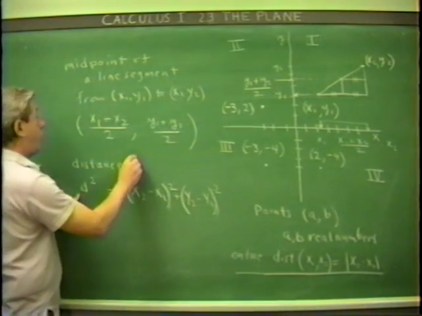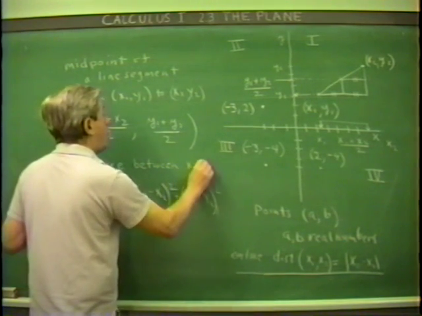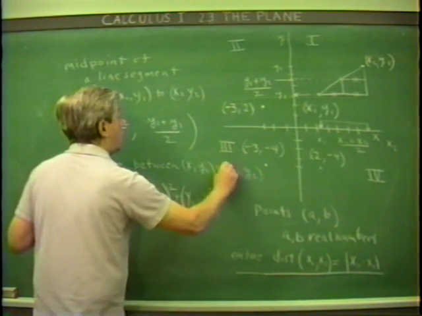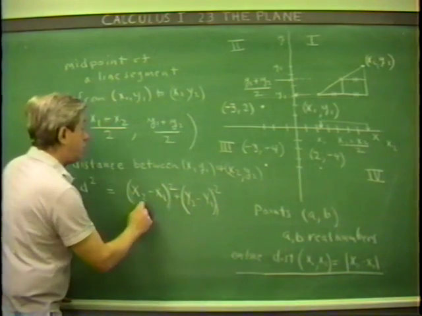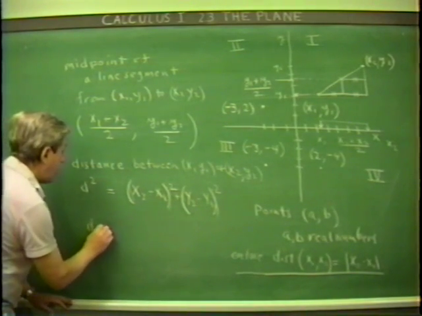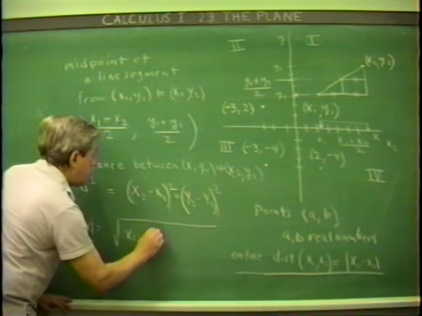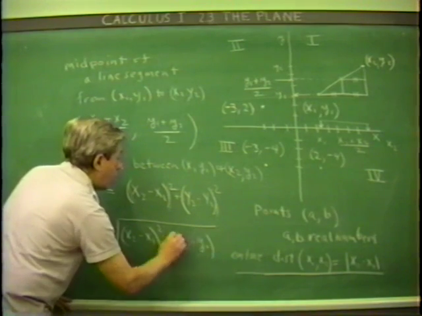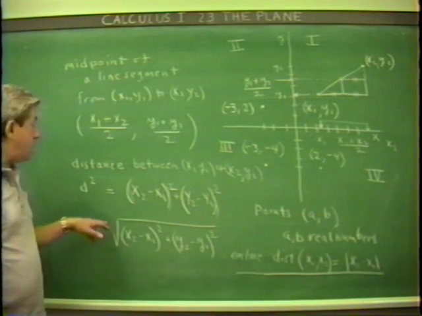The distance between 2 points, x1, y1, and x2, y2, is then given by the fact that the distance squared is equal to x2 minus x1 squared plus y2 minus y1 squared, or the distance itself is equal to the square root of x2 minus x1 squared plus y2 minus y1 squared, where here the square root, as usual, means the positive square root.